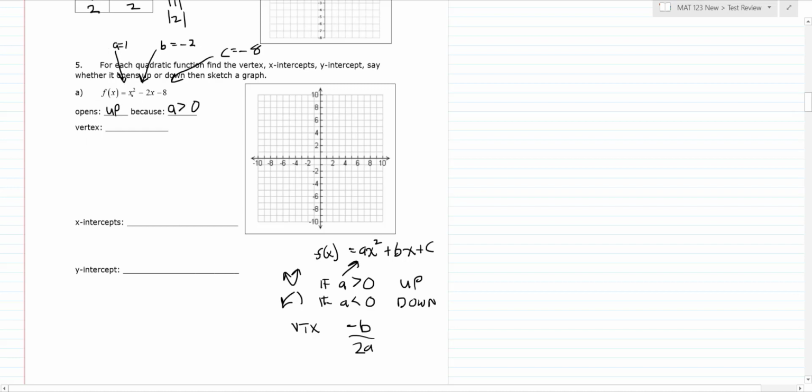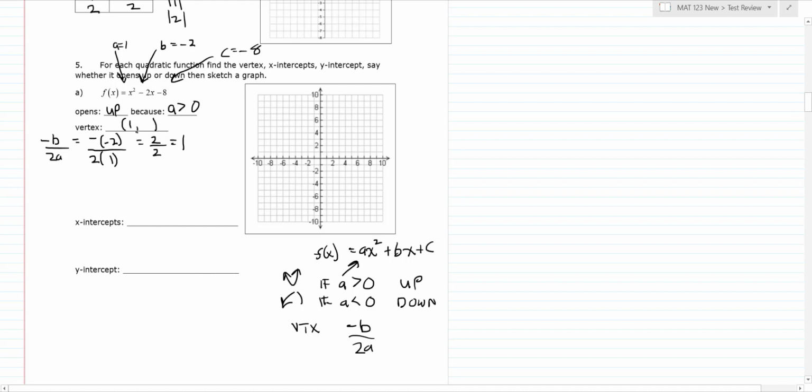For the vertex, we're going to do negative b over 2a. So b is negative 2, so we do negative of negative 2, all over 2 times a. a is 1. The negative of negative 2 is 2, so 2 over 2 would be 1. So the x value of the vertex is going to be 1.